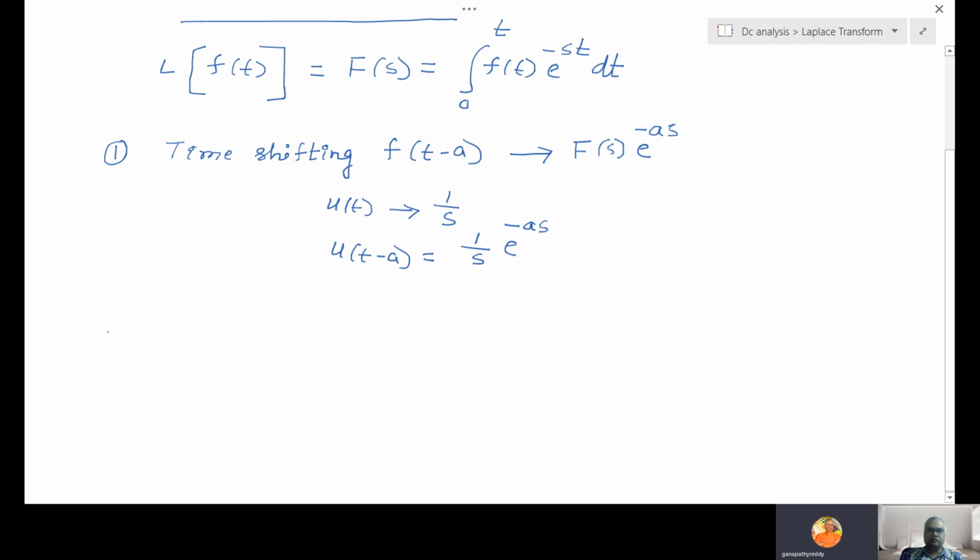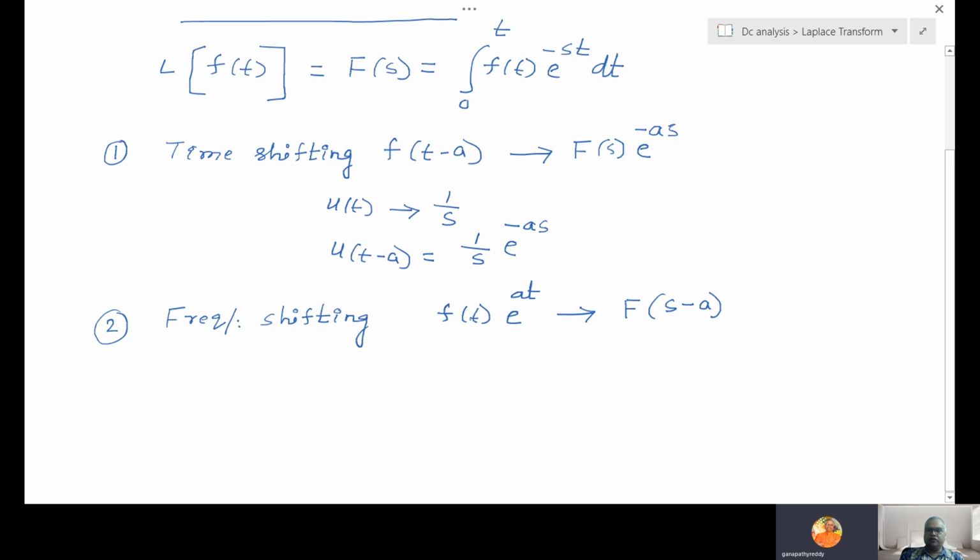Second one, frequency shifting property. If f of t is multiplied with e power at, the frequency is shifted: F of s minus a.